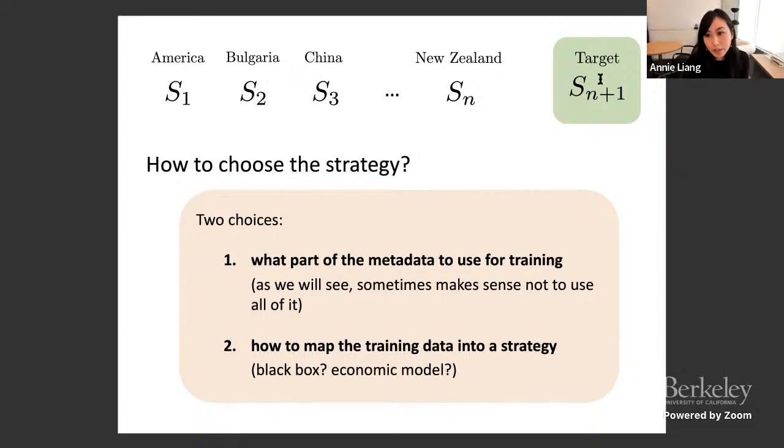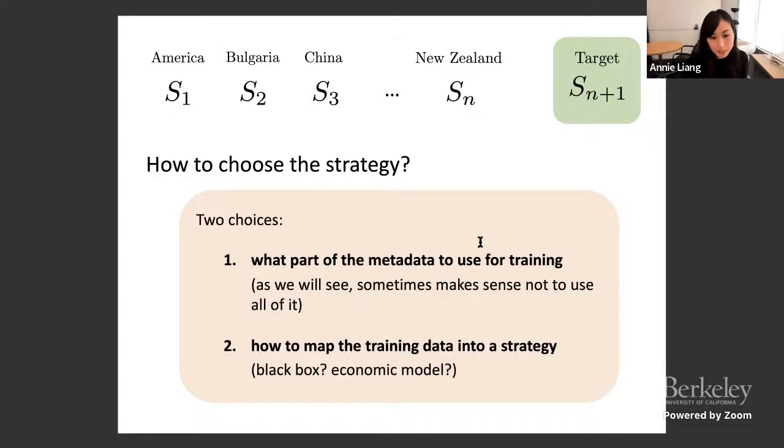As we'll see, if we're interested in bounding the error on the target sample, sometimes it makes sense not to use all of the metadata, but instead to use some part of it for training. And second, and this is really the main content, you need to choose how to map the training data into a strategy for use on this target sample. There are many different things you could do. You could train a black box, or you could estimate an economic model.